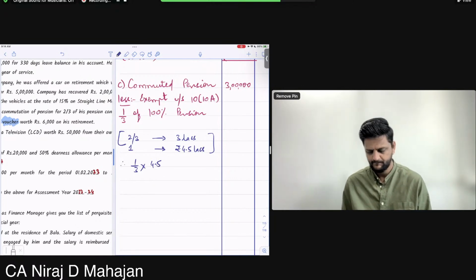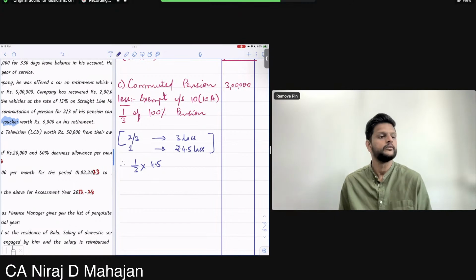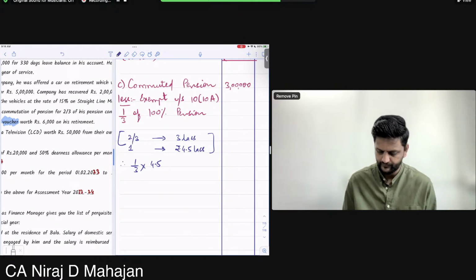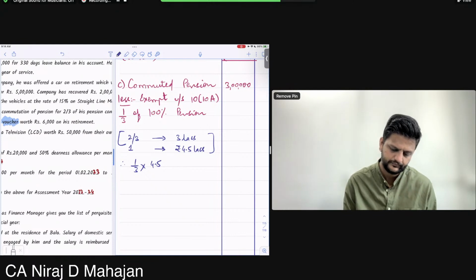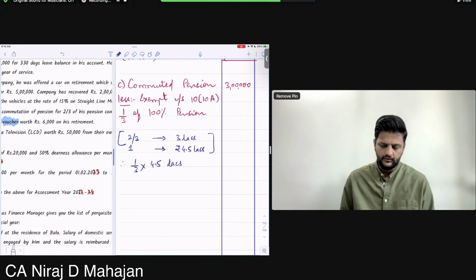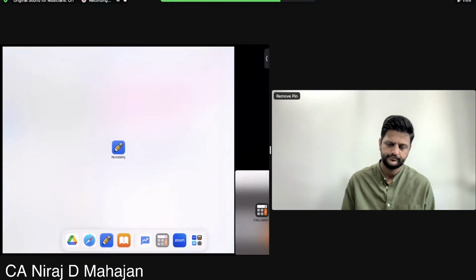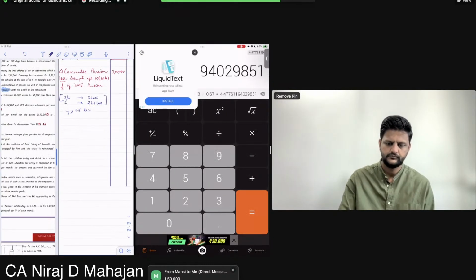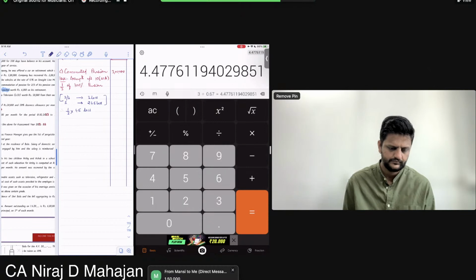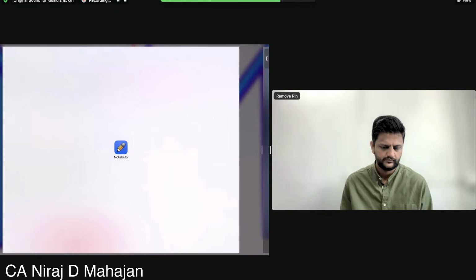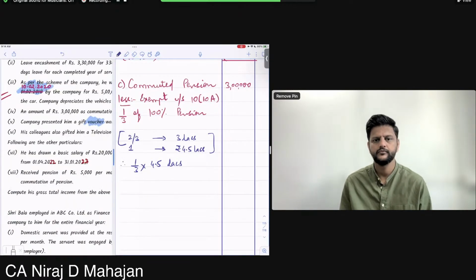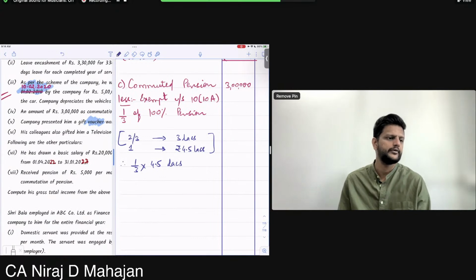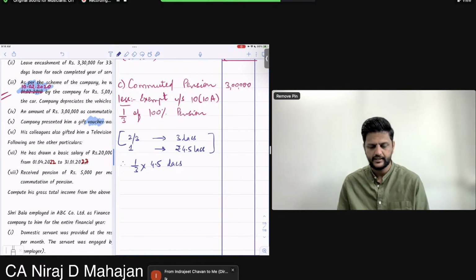ठीक है. 4.5, correct. 4.5 divided by 3, बच्चों, how much? 1.5 lakhs exactly.